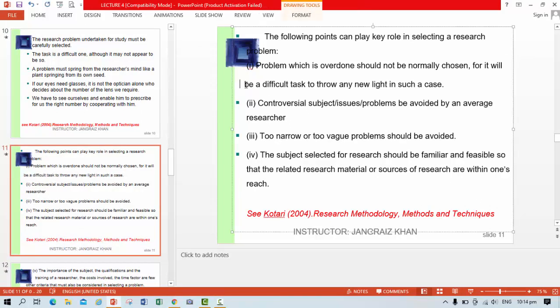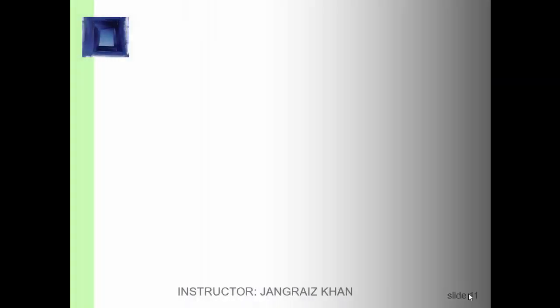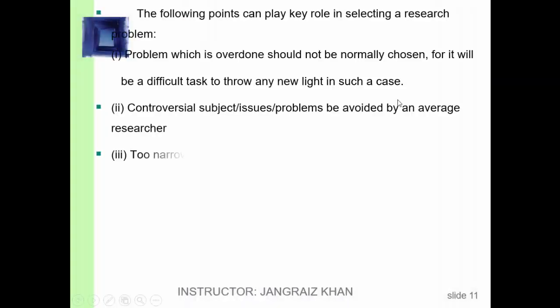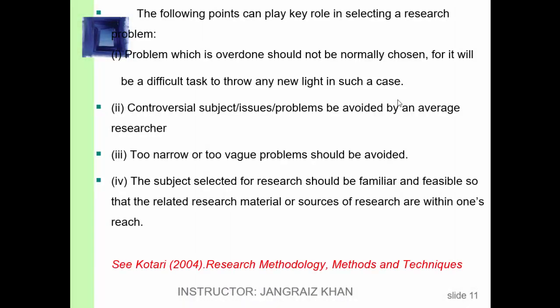This is a very important point to keep in mind, because nowadays most students almost always face a problem in selecting a research topic. So you should keep in mind that you should go for something new. And how do we do something new? If you have an extensive study.